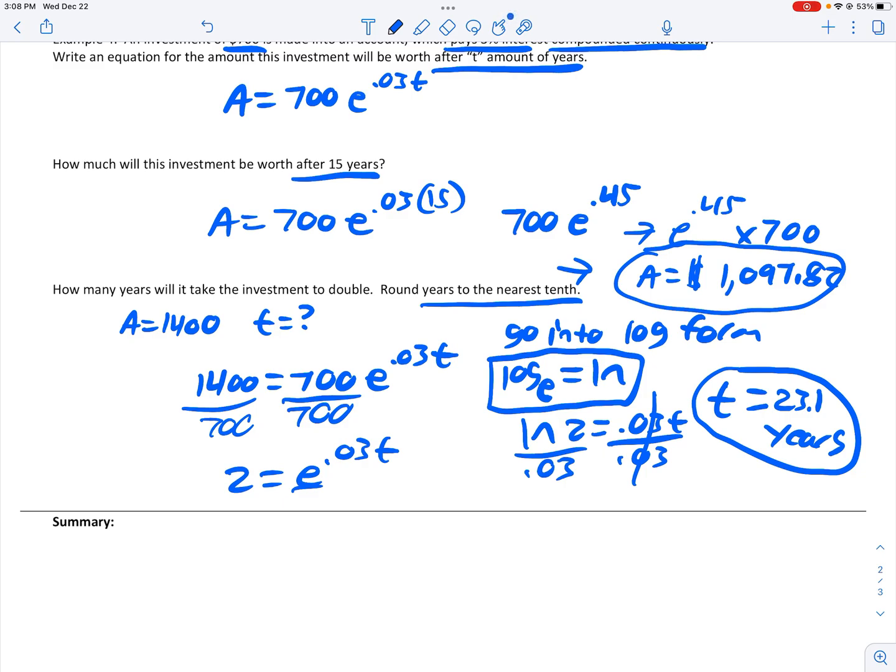So hopefully you got 23.1. You divide the ln of 2 by 0.03. Remember, you could have written log base e, but that's the same thing as ln. Scientific calculators have the ln button, so just use that. So ln of 2, divide by 0.03, and you get about 23.1 years.